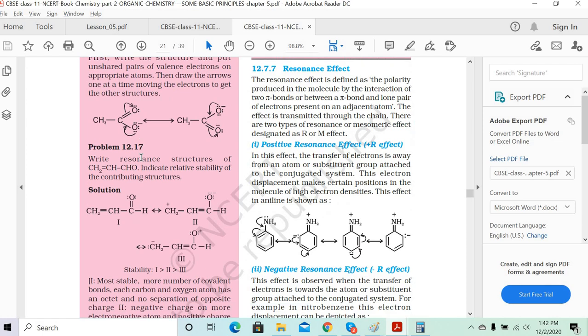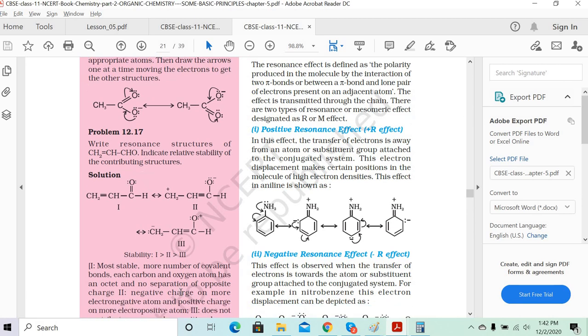Try the resonance structure with CH2=CH-CHO now. In this case, what's happening? The first carbon atom has the functional group aldehyde, CHO. In the first structure, we have shown the double bond between the carbon and the oxygen.